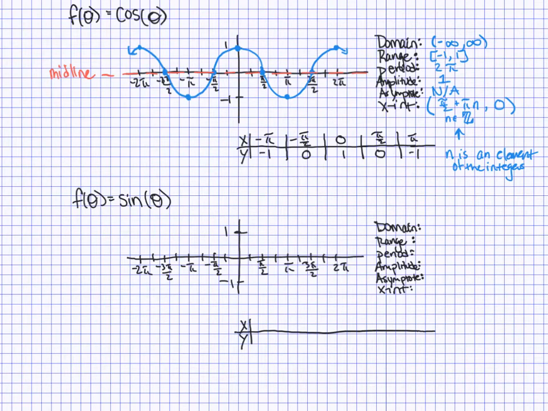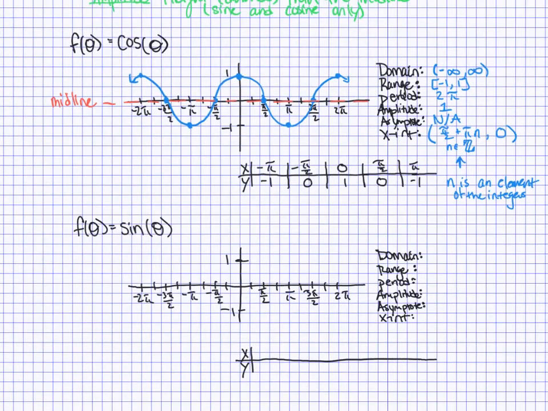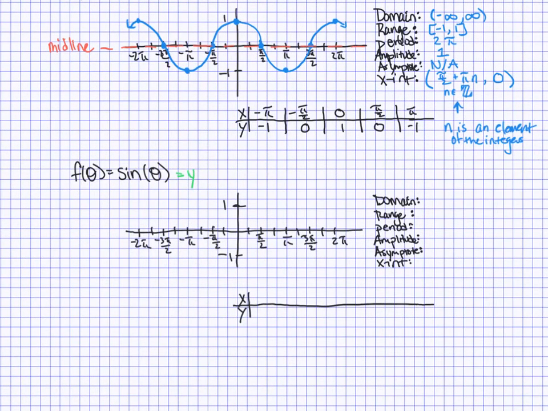The only difference here is instead of asking myself, hey, cosine is my x values on my unit circle, instead of asking those questions about my angles, now we're asking about the y values for my sine function. So taking a look at our different angles or radians, what is our y value on the unit circle?